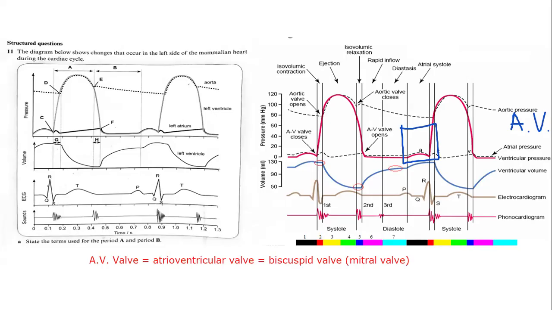Now let's explain what's happening. Can someone explain to me? First of all, let's deal with what these lines mean. So this red line, what is the red line referring to? What is the red graph referring to? When you see the red line, what is that talking about?